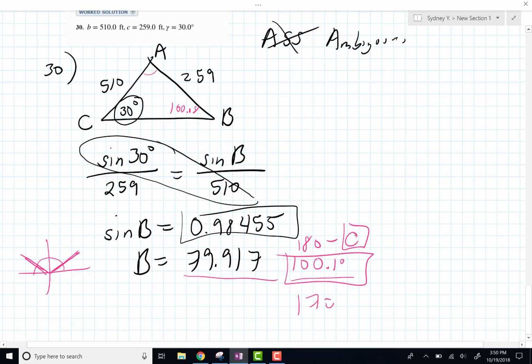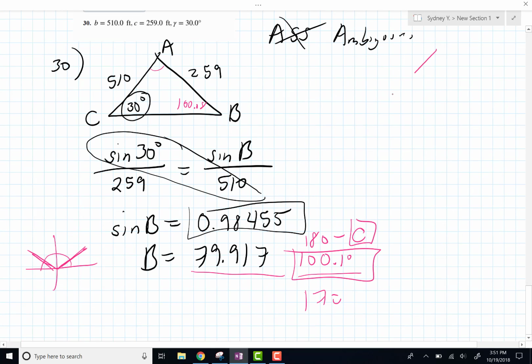So what I'm going to have to do is draw a second triangle, and I'll draw them over here. You don't have to draw them to scale, but what's happening is, one of my solutions will have the 79.9 degrees in it for B. And then this side here could have swung over here to make this other triangle, which is what I drew here, where this angle is 100.1 for my B. And everything else stays the same, right?